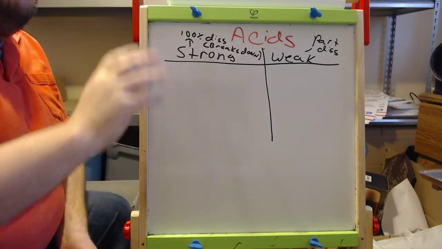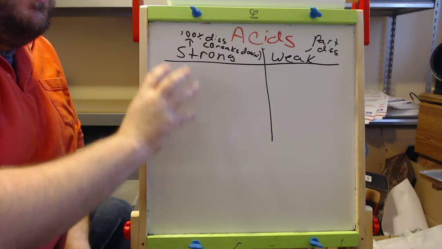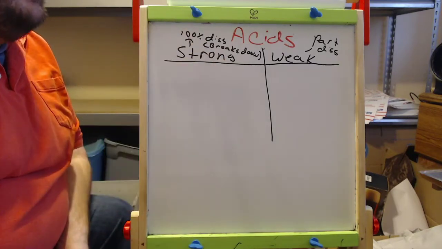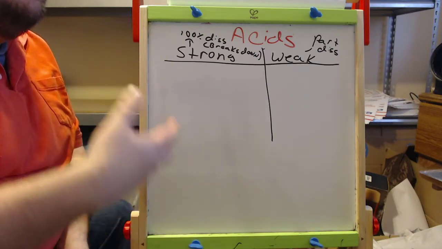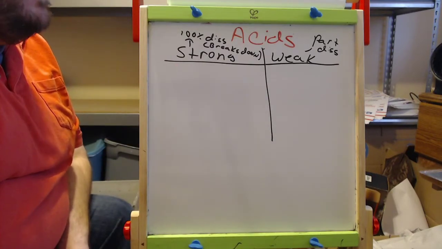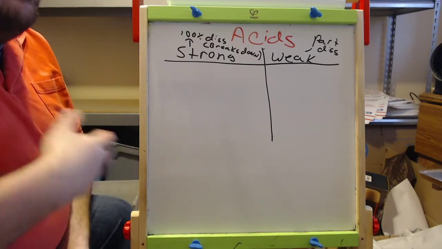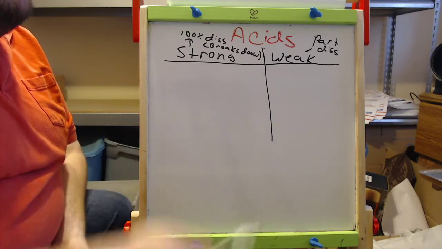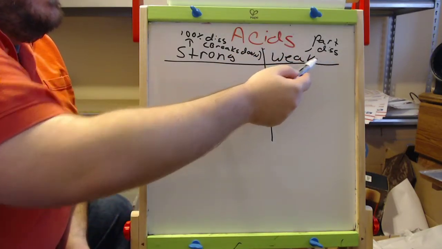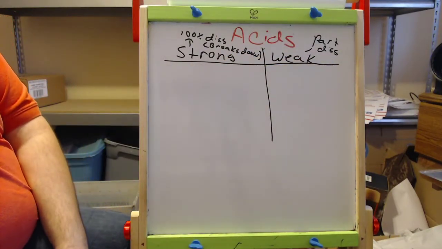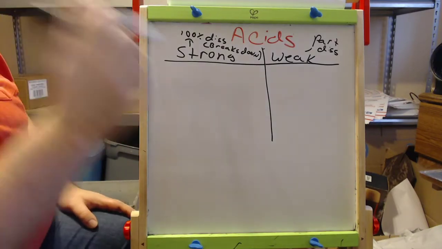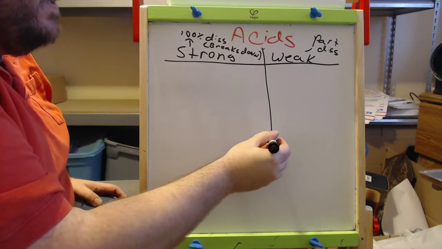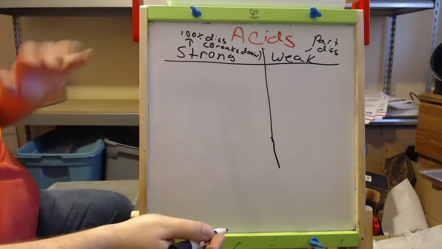So if I put a 1 molar substance into water to make a solution, and it's a strong acid, all of it will break down. I'll get out my maximum amount of hydronium, 1 molar, or depending what the ratio is. A weak acid won't do that. Now, there's a lot more weak acids than there are strong. So if you learn the rules for strong acids and they don't follow those rules, they have to be weak acids.